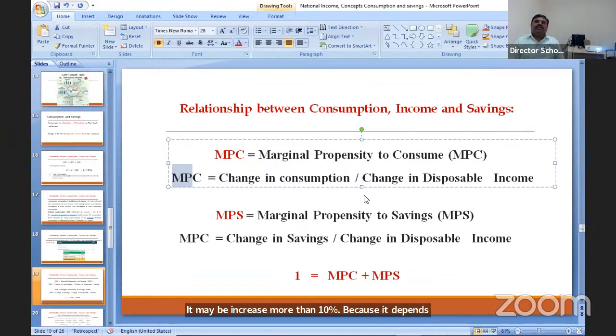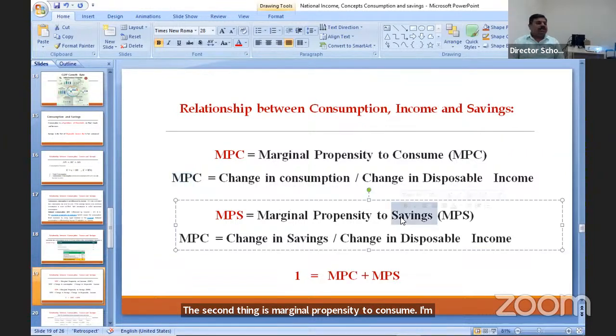Then the second thing is marginal propensity to save. Savings also depend upon income.